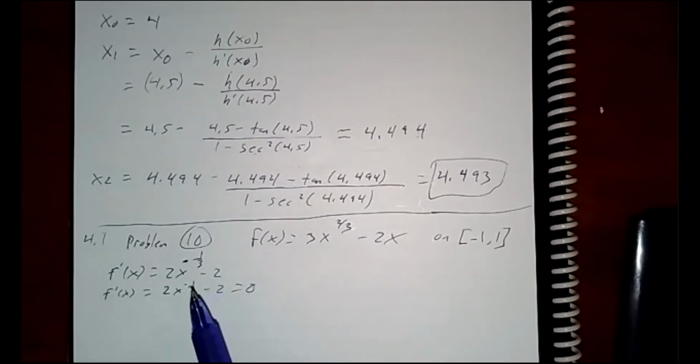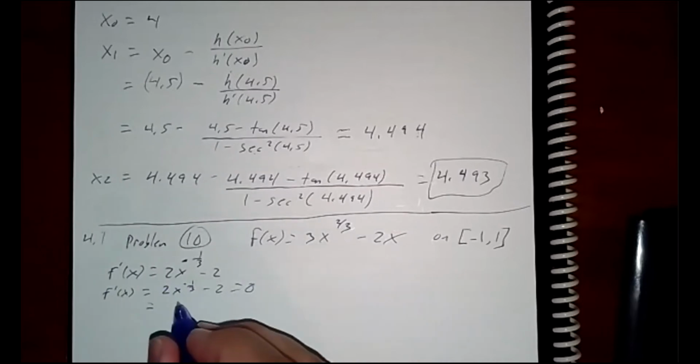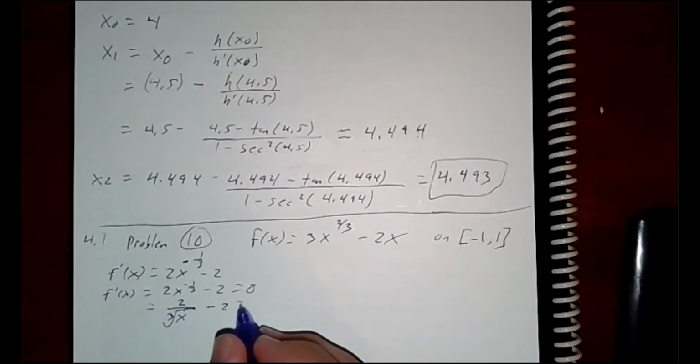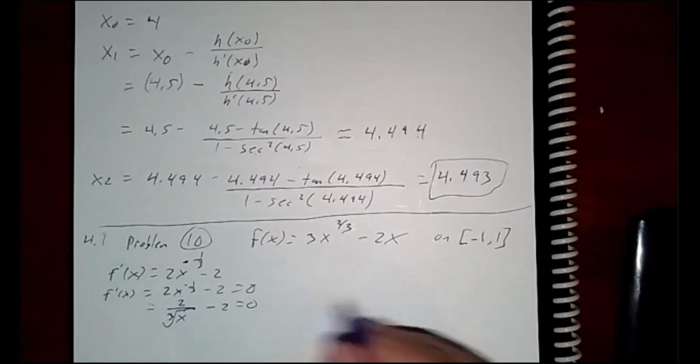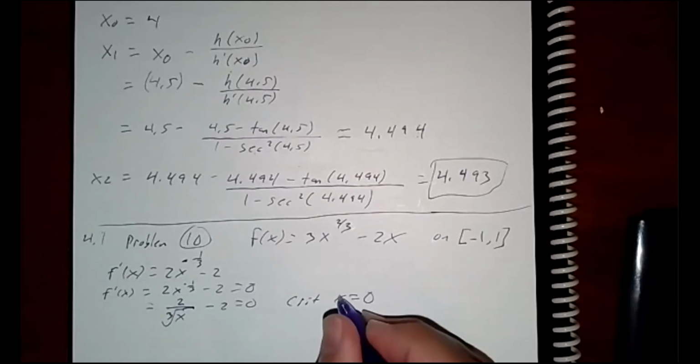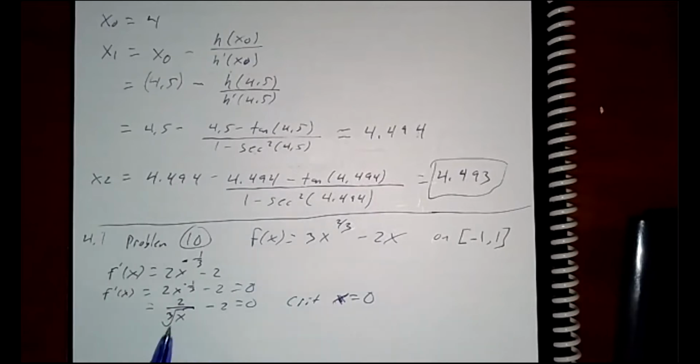Now, you see how this x is going to be on the bottom, right? Whenever you have that, those are considered critical points. So the only critical point is going to be x equal to 0, because it causes division by 0 on the derivative, but not the original.